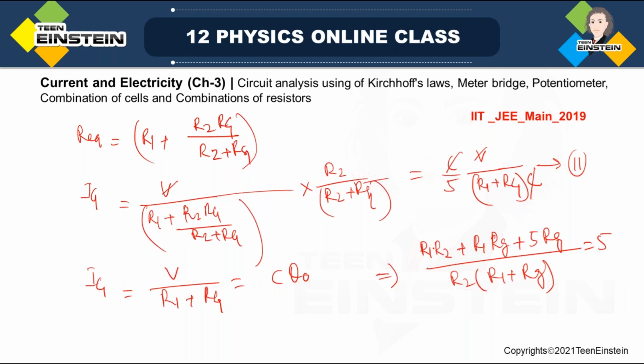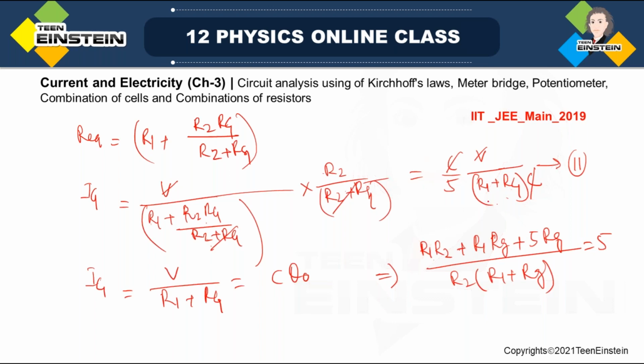See, we can just do from here. This R2 Rg will cancel each other. Multiply here: R1 R2, R1 Rg, you can see that here, and this R2 Rg will actually take care of this part.